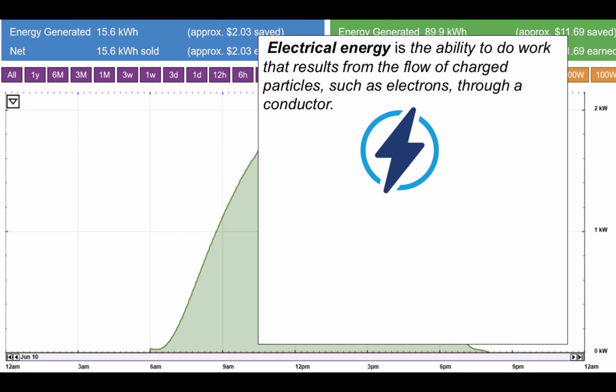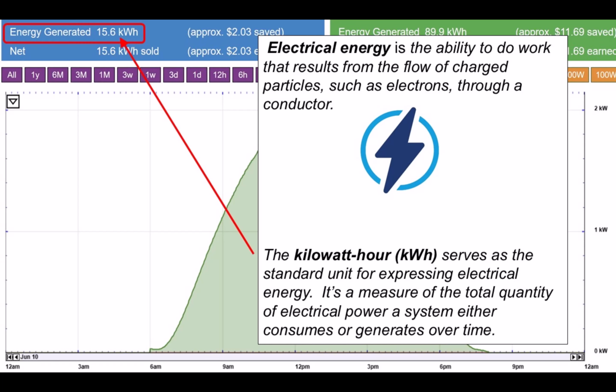Electrical energy is the ability to do work that results from the flow of charged particles such as electrons through a conductor. The kilowatt hour, kWh, serves as the standard unit for expressing electrical energy. It's a measure of the total quantity of electrical power a system either consumes or generates over time.